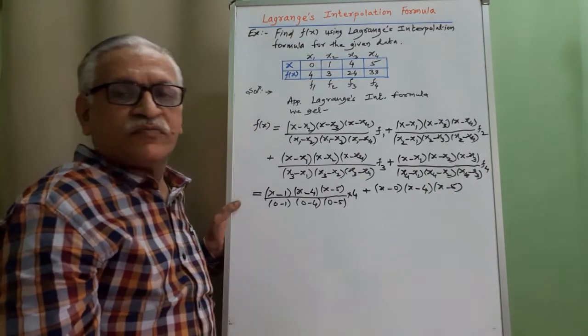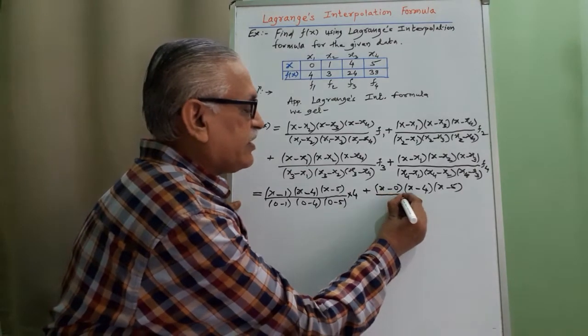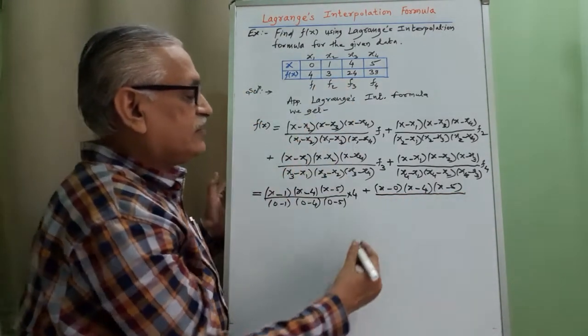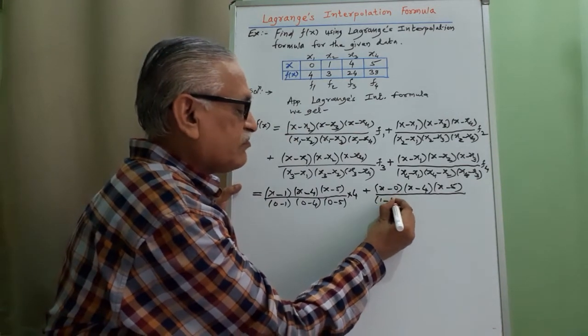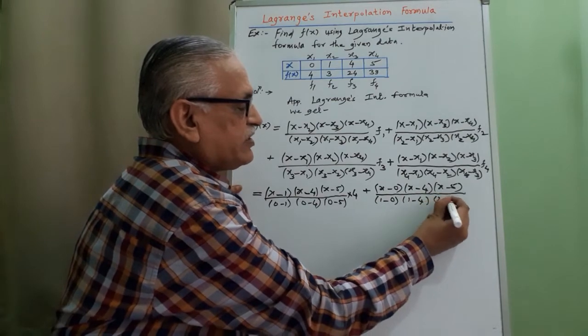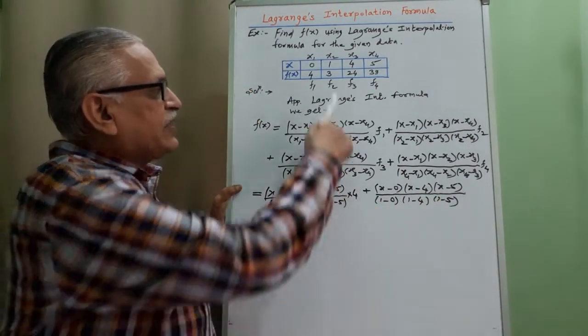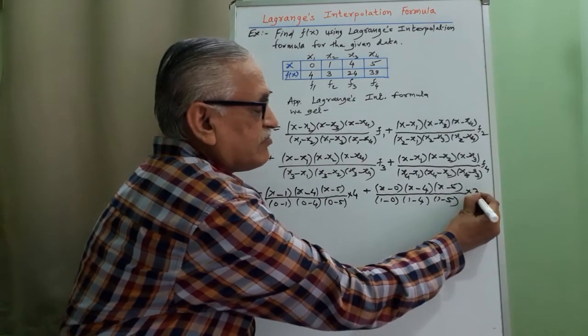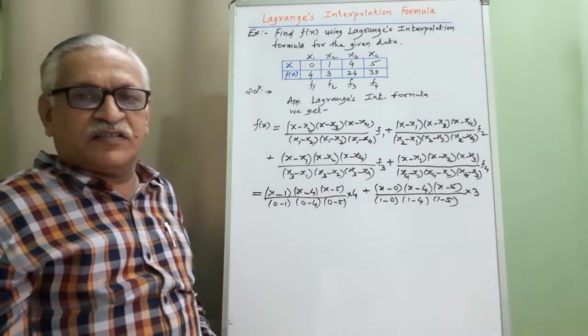Then x minus 5, divided by the neglected point, here 1. Therefore 1 minus 0, 1 minus 4 and 1 minus 5. Multiplied by f2. f2 is 3. This is the second term.